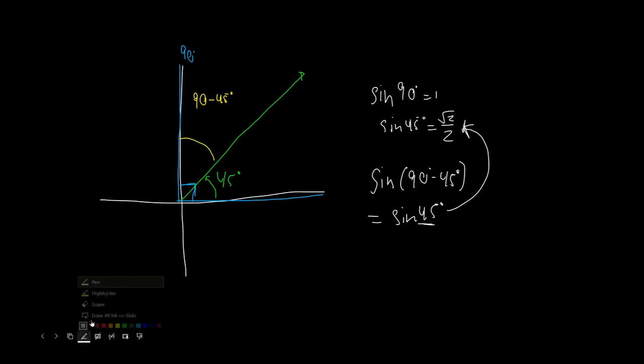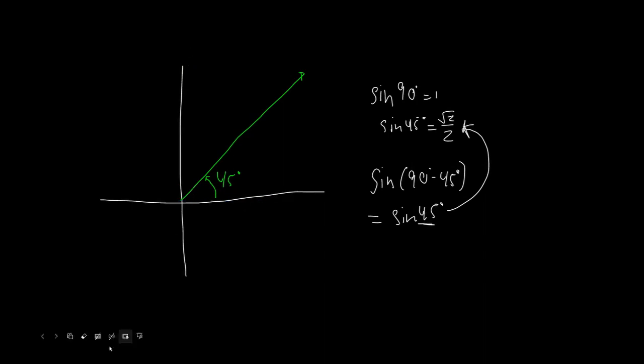So imagine I use a different angle form. I have 45 degrees, and then right here, let me use a different color. Yellow, that's it.